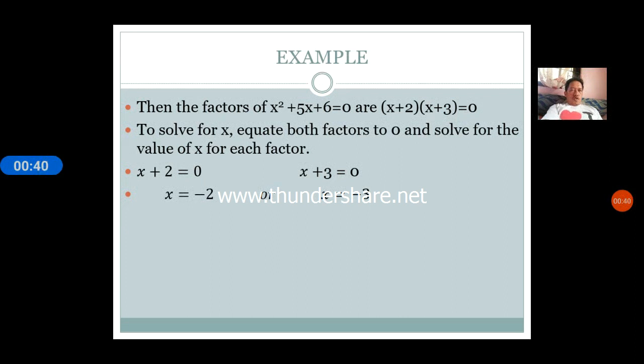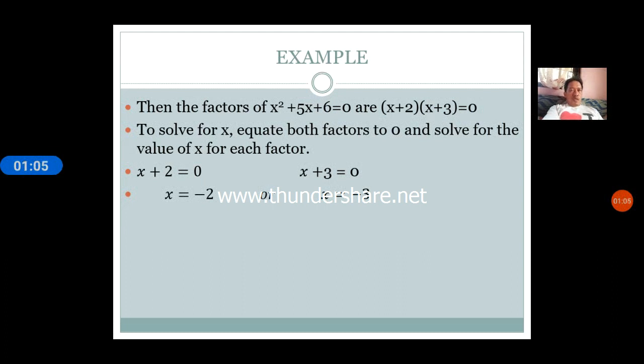That is why we have x is equal to negative 2. Why the subtraction property? Simply because we subtract 2 from both sides of the equation in order to transfer positive 2.